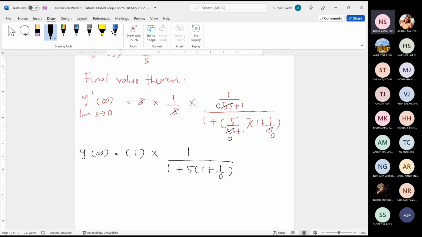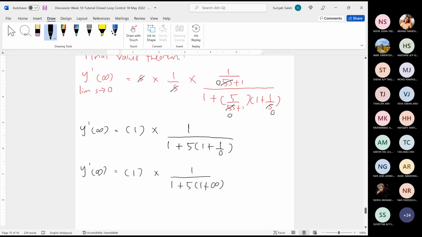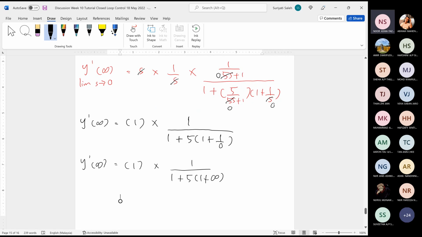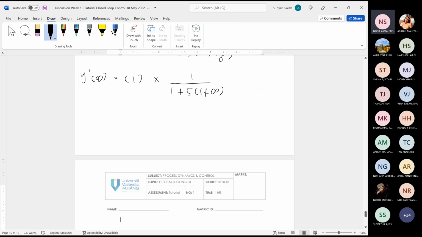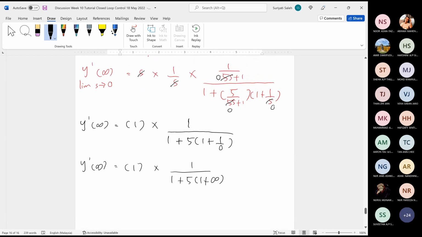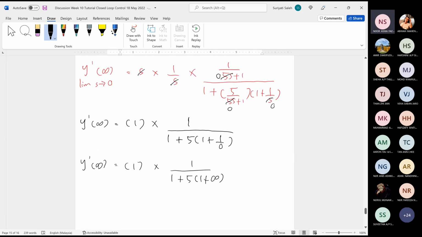Based on this, we can declare y prime infinity equals 1 multiplied by 1 divided by 1 plus 5, 1 plus infinity. So for this part, y prime infinity equals 1 multiplied by 1 over that denominator. 1 plus infinity is infinity.